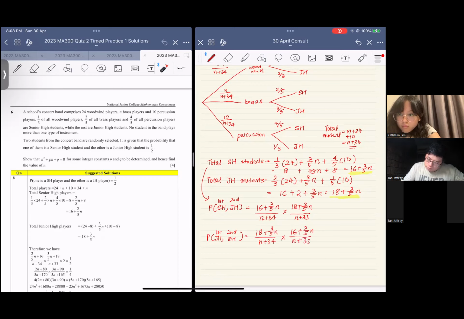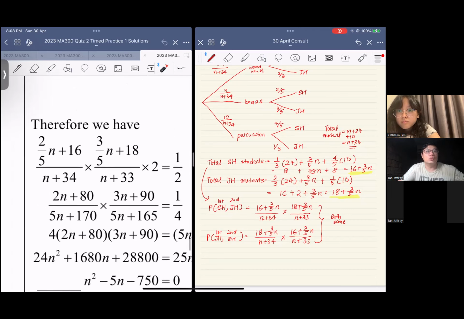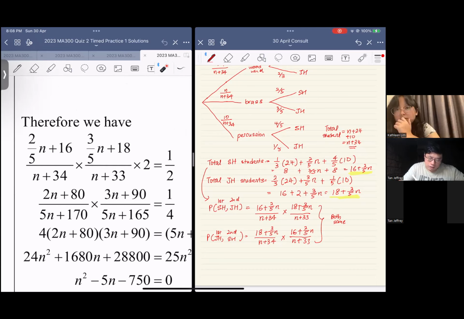So if you look at both, they have the same numerators and denominators, just in different order, that's all. That's why I can just multiply by 2. That's why you can see in the calculator here, they literally just multiply by 2, because these two are the same.